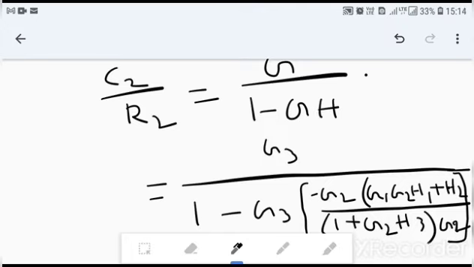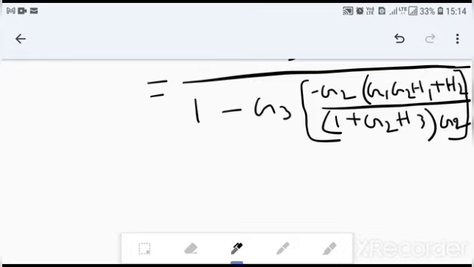This is what we have in place of H. So if you take the LCM for the denominator, 1 plus G2 H3 will be the LCM we get. And when we simplify this, 1 plus G2 H3 will be in the denominator, and this G2 will get cancelled, this minus G2, this plus G2 will get cancelled.